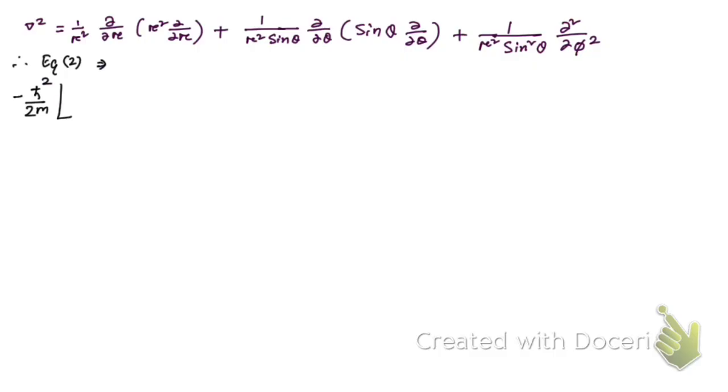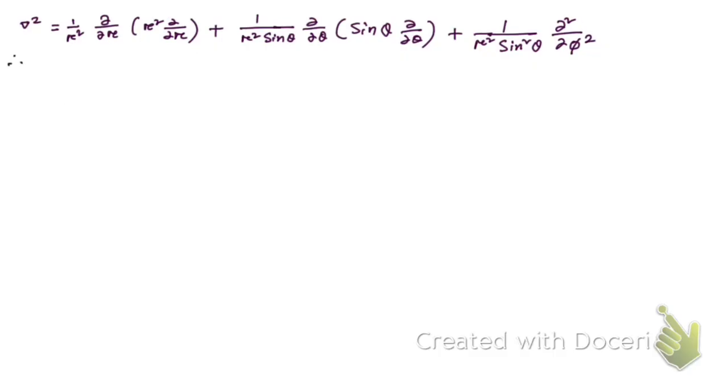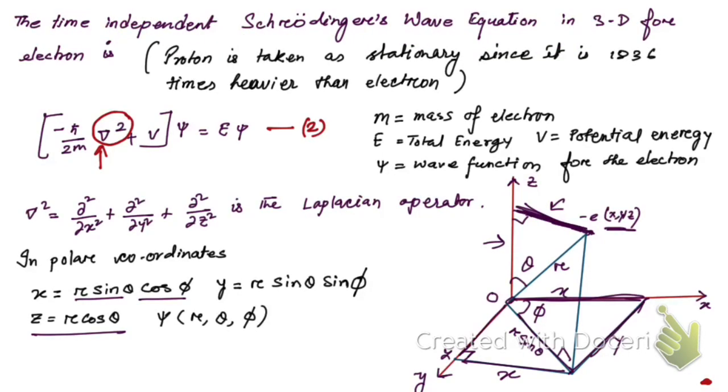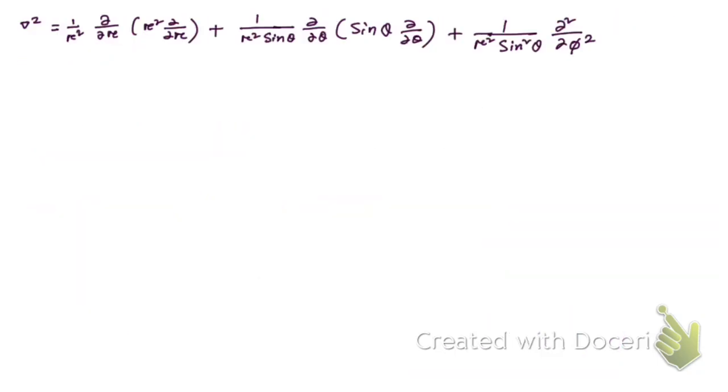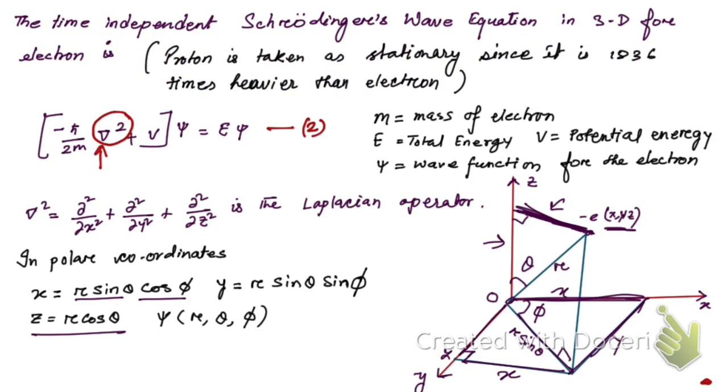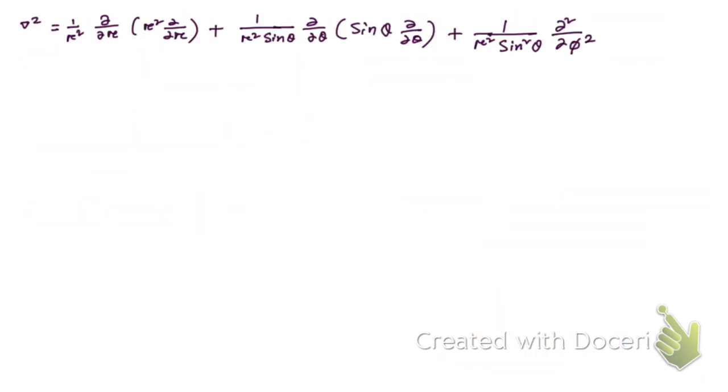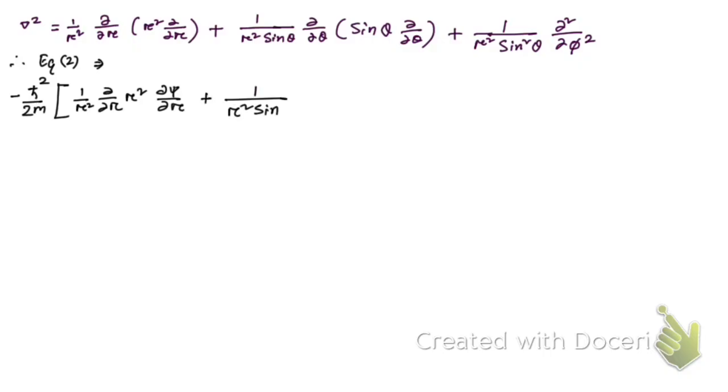Now if we use this polar form, in equation 2 we replace the Laplacian operator by its polar form. This is the polar form of the Laplacian operator. Just replace this by the polar form. Using the polar form of the Laplacian operator in equation 2, equation 2 will be of this form.